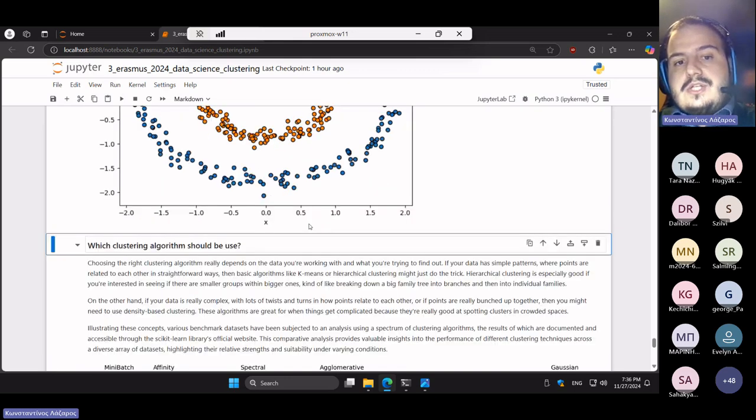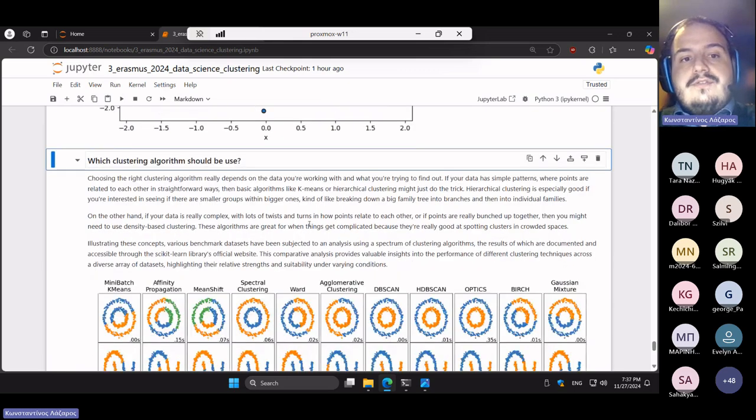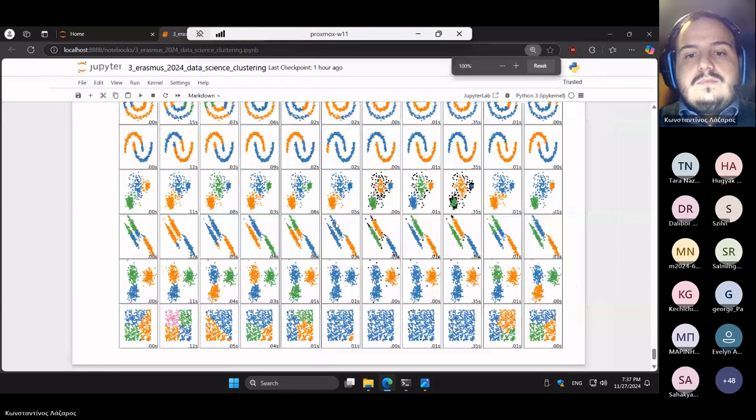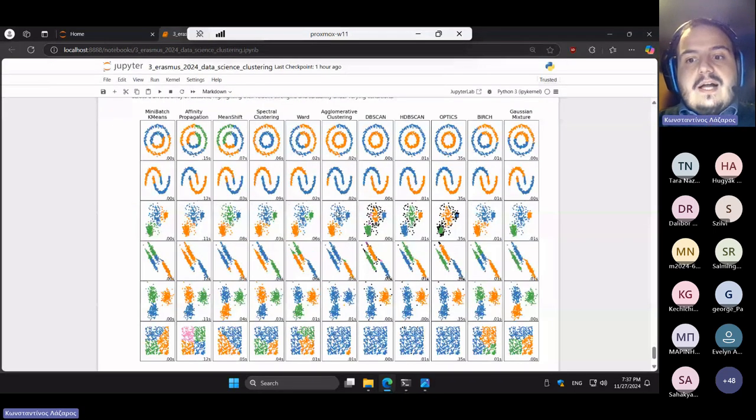So just as a final conclusion to all of this, and I want to show you this picture right there, which clustering algorithm should we be using? I think that it's clear by now that it all depends on the context of the problem that we're trying to solve, once again, and on the data set that we have at hand.